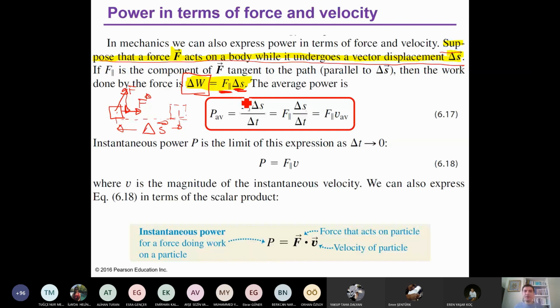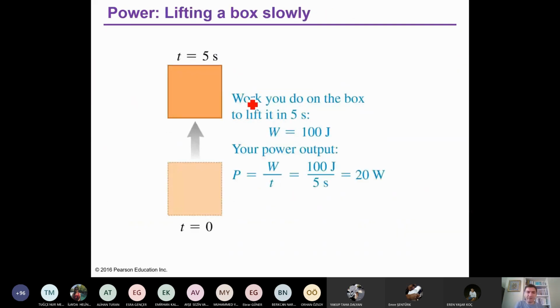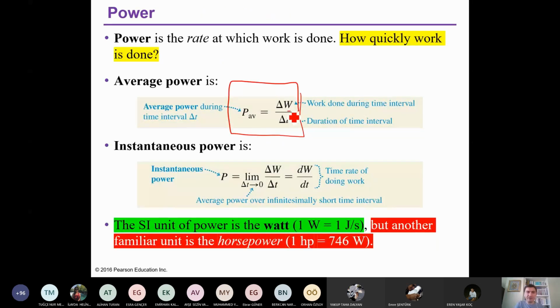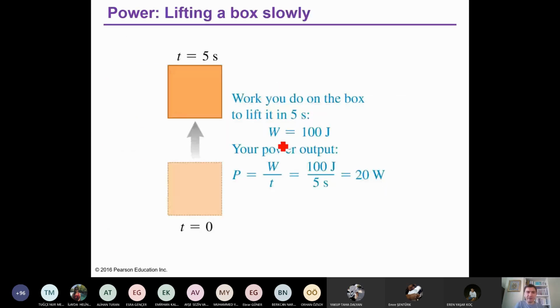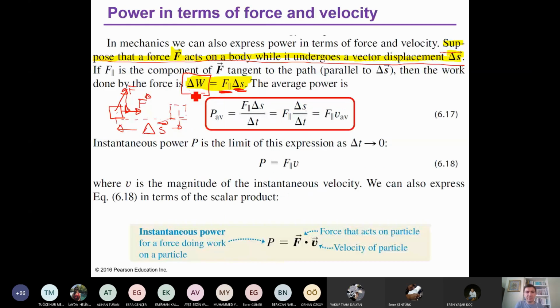What about the average power? Average power is given with this expression. Here we have calculated delta W, put this delta W in average power, and we have F parallel times delta S over delta T.